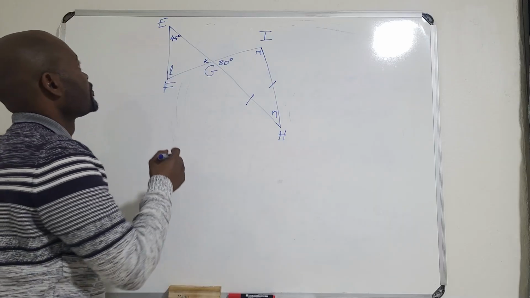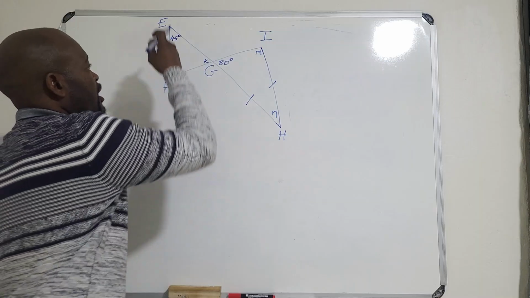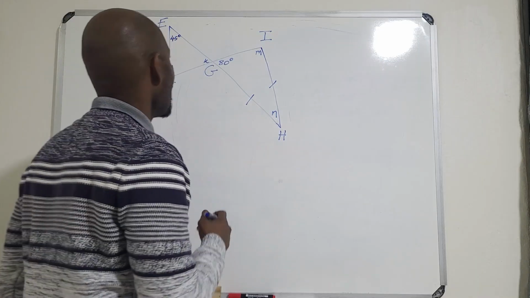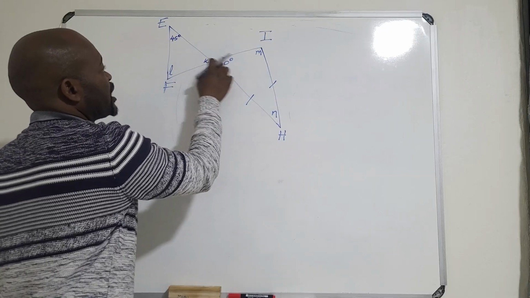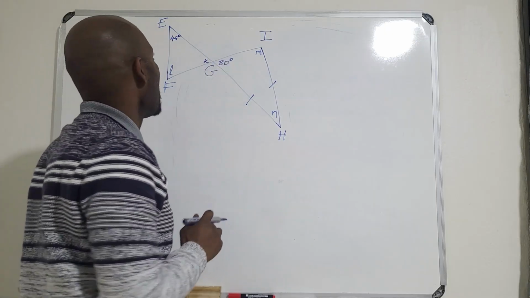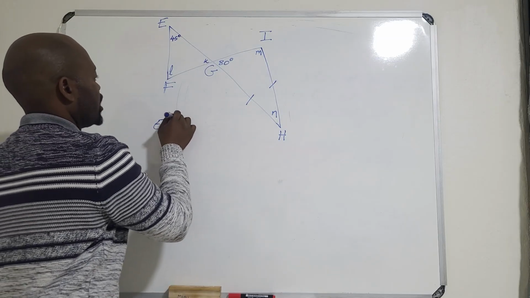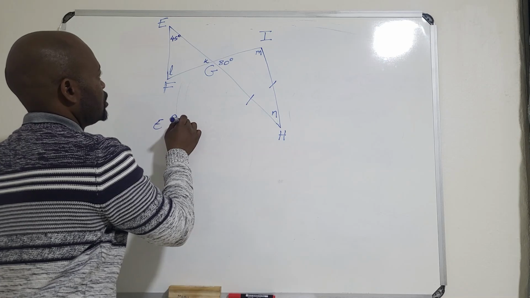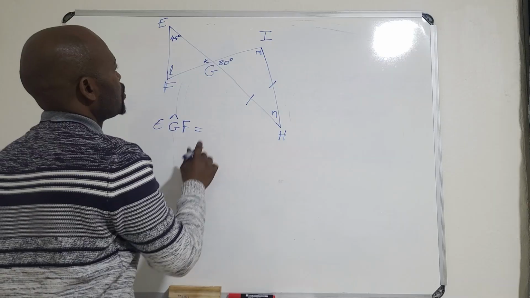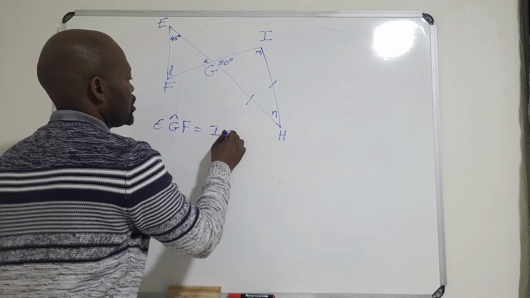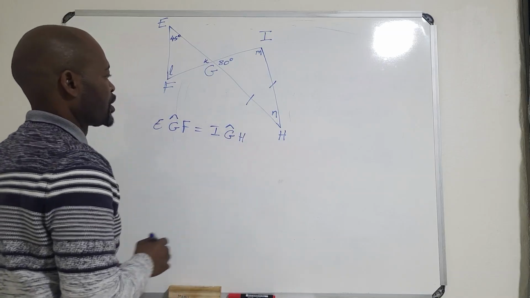Now, let's start. Here I can see that there's an X, and if there's a shape which is an X, I know that this angle is equal to that angle, vertically opposite angles. Now, we start. Angle EGF is equal to angle IGH.